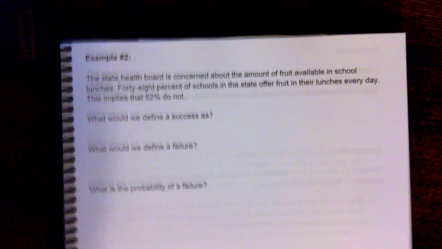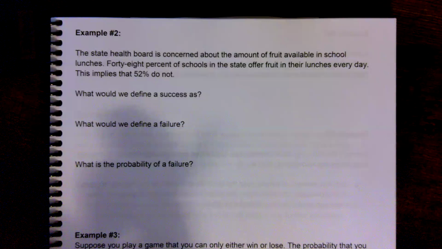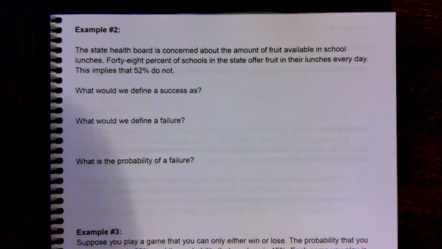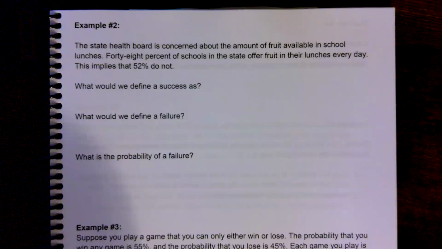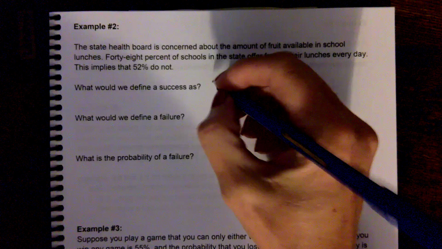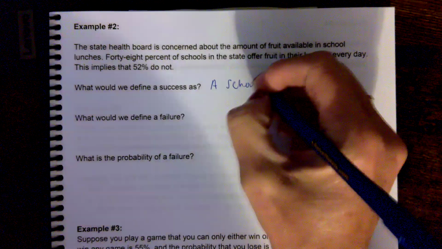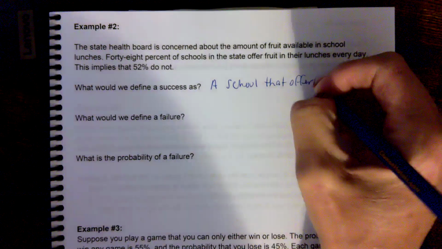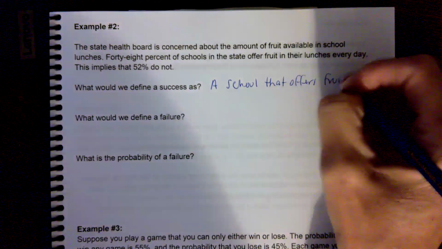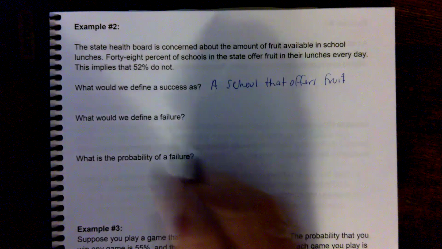Let's try that again. Example 2, the state health board is concerned about the amount of fruit available in school lunches. 48% of schools in the state offer fruit in their lunches every day. This implies that 52% do not. What would we define a success as? A success would be a school that offers fruit. And what would we define as a failure?